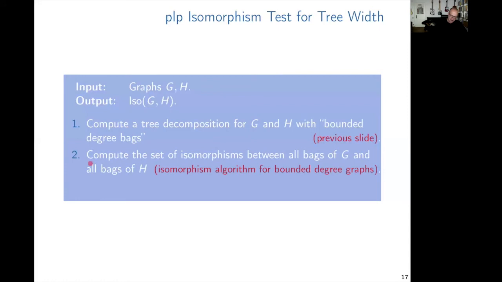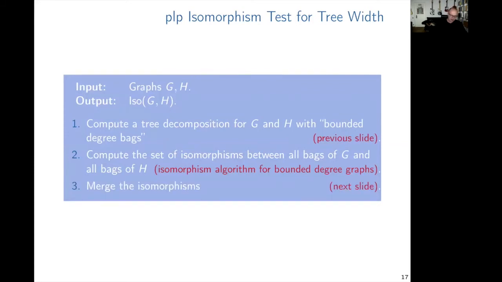Then we use this bounded degree structure on the bags to compute the sets of all isomorphisms between all bags of the graphs G and H. We can do this because we have this bounded degree structure. And then we somehow have to merge the isomorphisms.